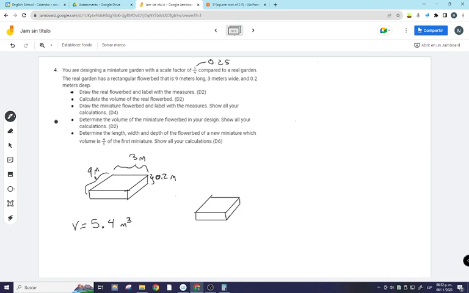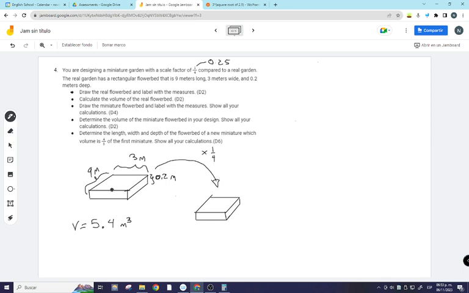Okay, so then we have to draw the miniature flower bed and label it with the measures. So remember, the scale factor is 1/4, which we take into account for length. That means that if you multiply all of these measures times 1/4, you will get the new measures.